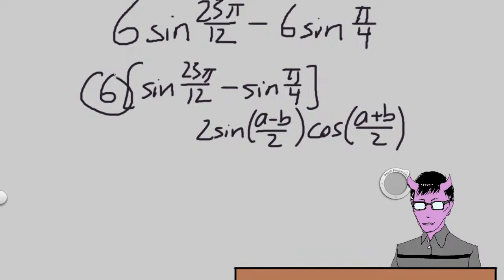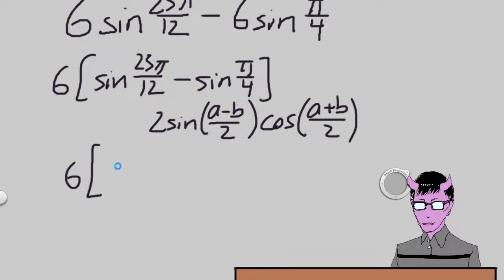Alright, so copy paste that 6 because the 6 came from the original problem. This 2 is from the template, from the algorithm. So 2, and then times that nonsense. So sine of what? This is a 12, this is a 4, so let's change this one into 3 pi over 12.